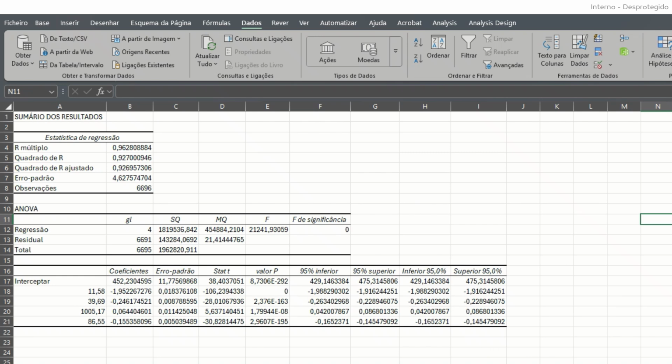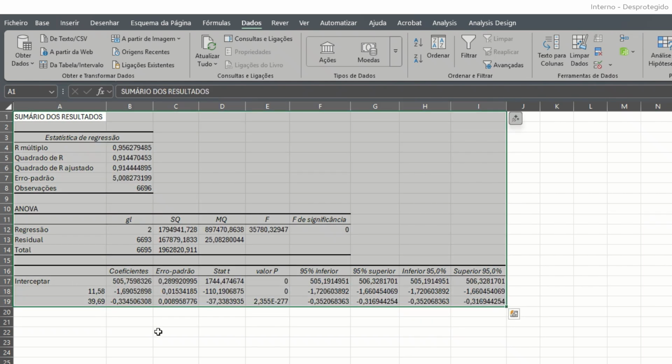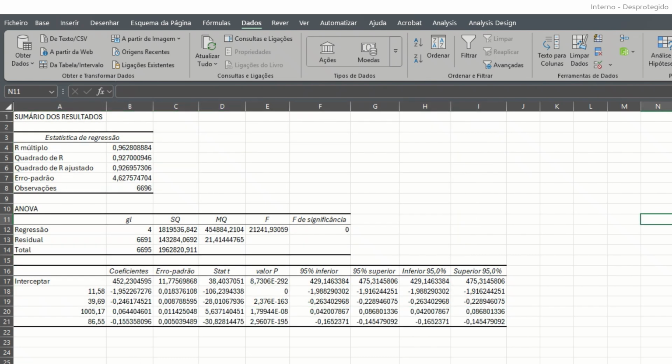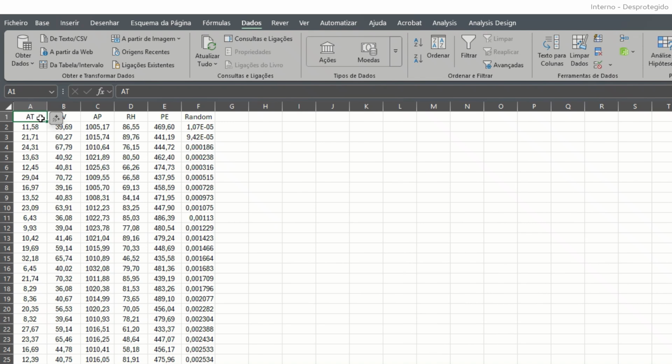The second model used only the first two features. So the first model used four, and the second only two.